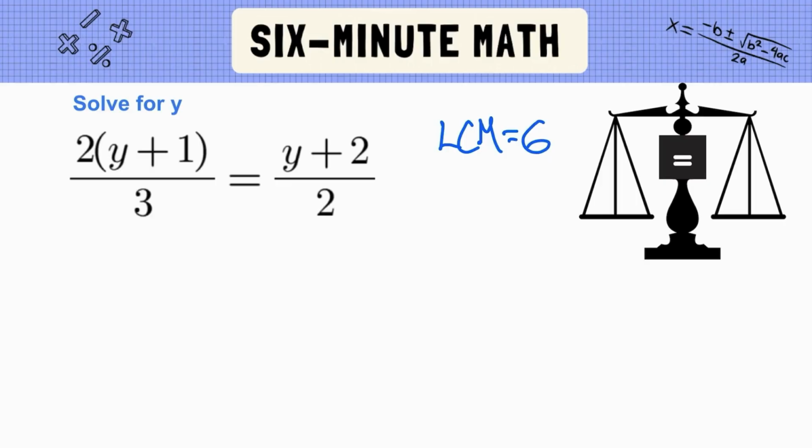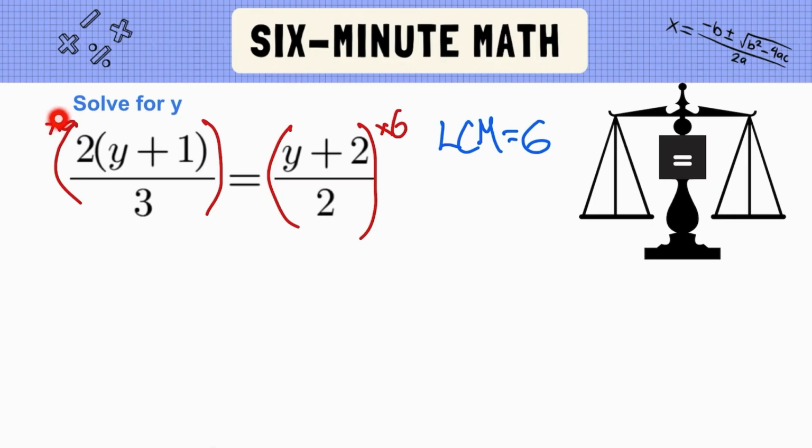So what I'm going to do is multiply both sides of my equation by 6. When you find that lowest common multiple and use it to multiply both sides of your equation, you will get rid of your denominators. So let's do that now.